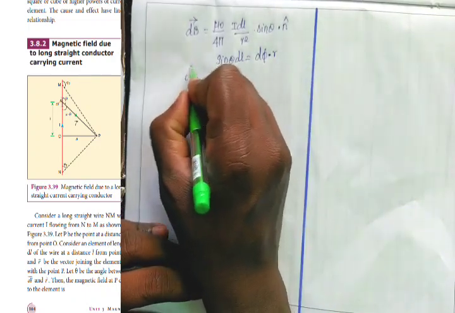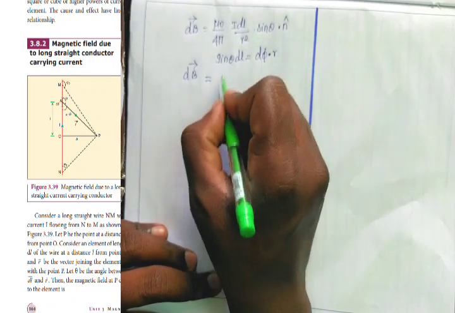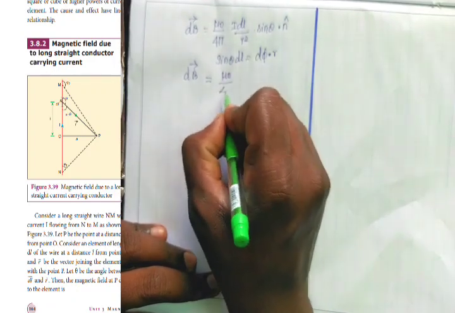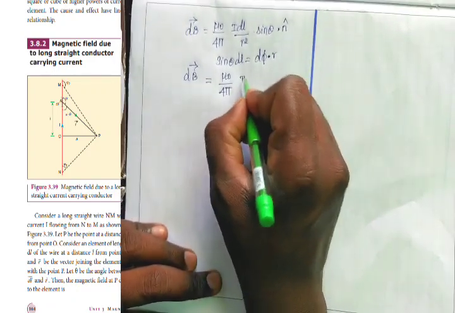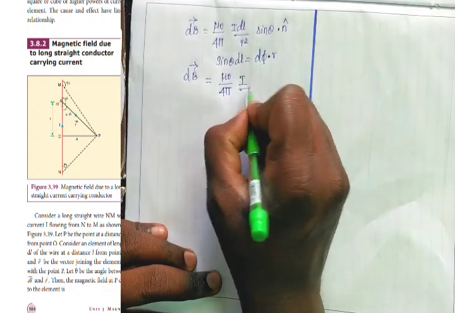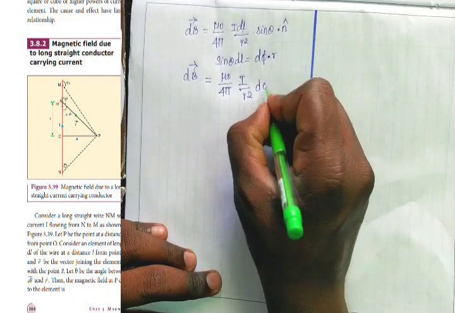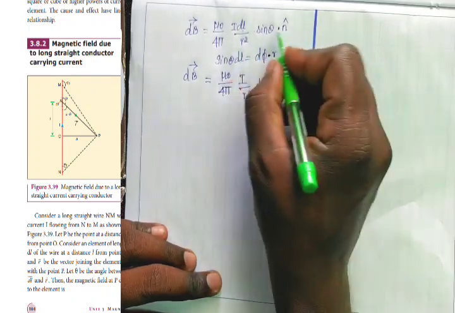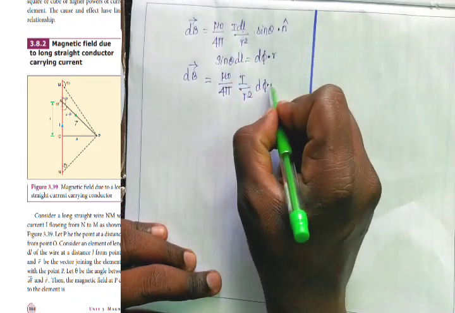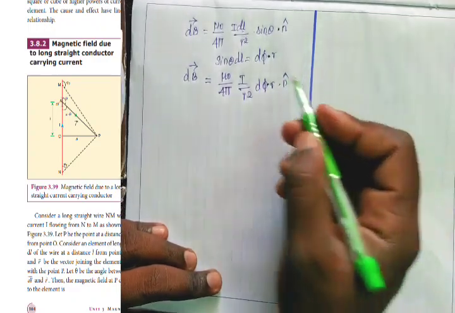So dB vector is equal to mu naught divided by 4 pi, I divided by r squared, d phi dot r, in the unit vector n cap.